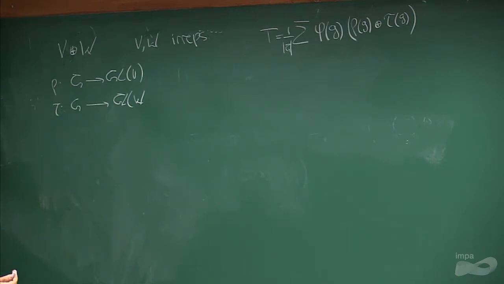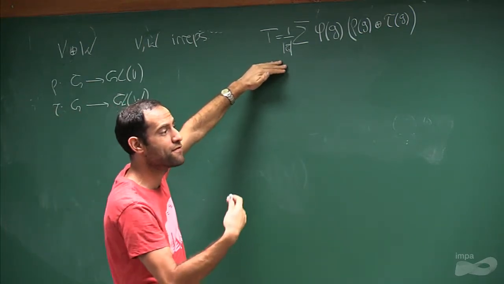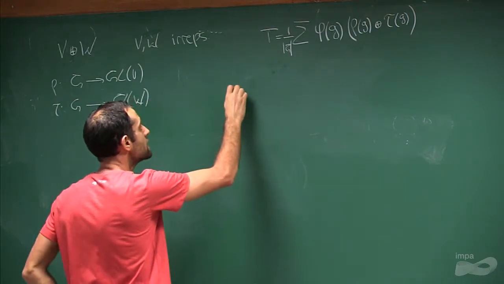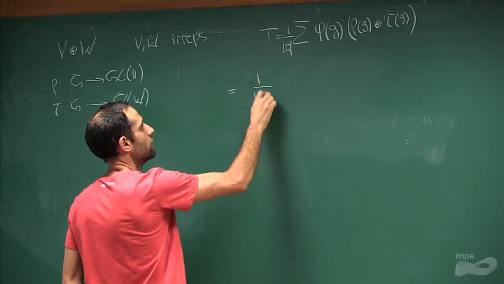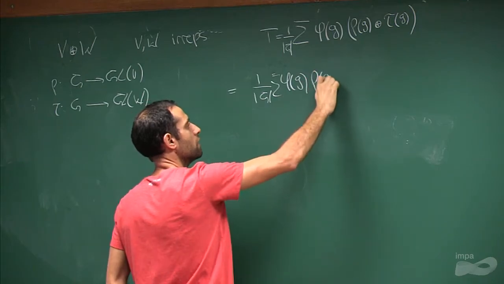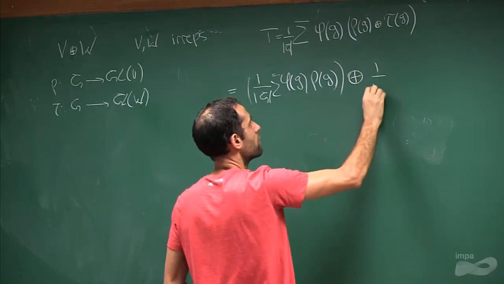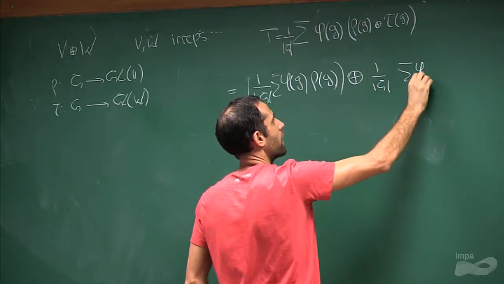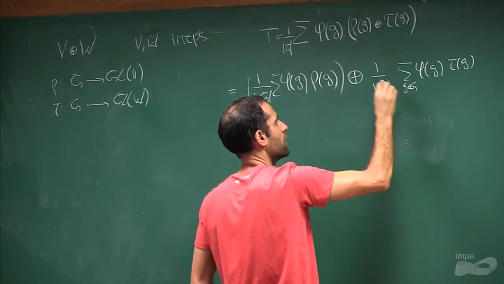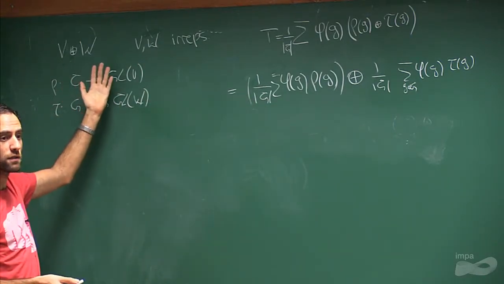So the whole point was that it doesn't matter whether V is equal to W or not. This endomorphism, the way I defined it, is a direct sum. Namely, this is 1 over G, phi of G, rho of G, direct sum, so in one block, 1 over G, phi of G, tau of G. And now it doesn't matter if W is equal to V or not.